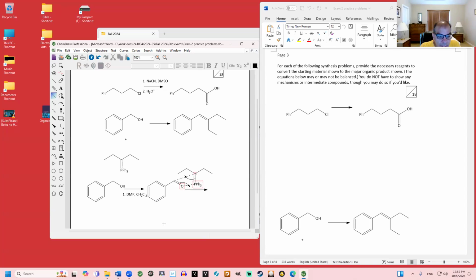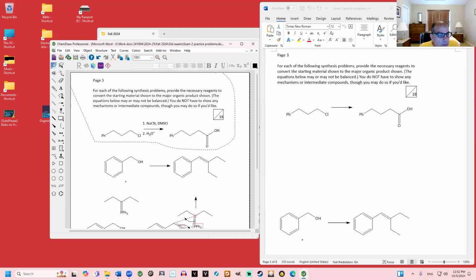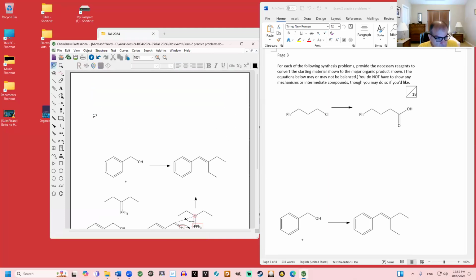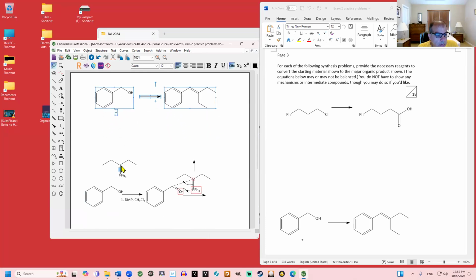So that's where the two bonds go. And so you get a four-membered ring. You get the oxyphosphetane.